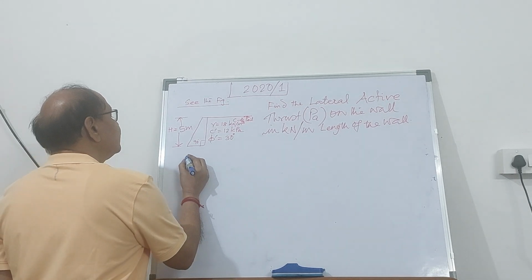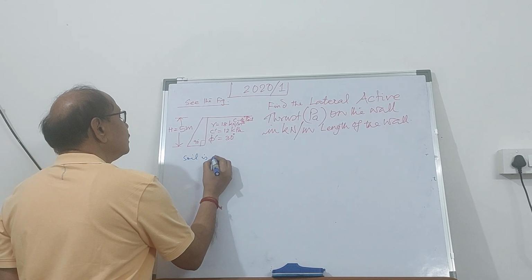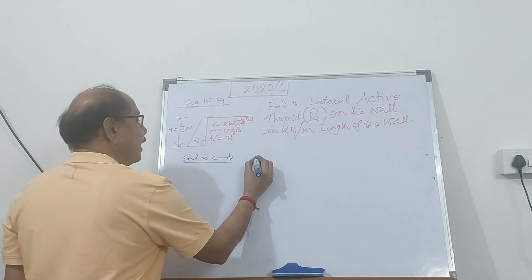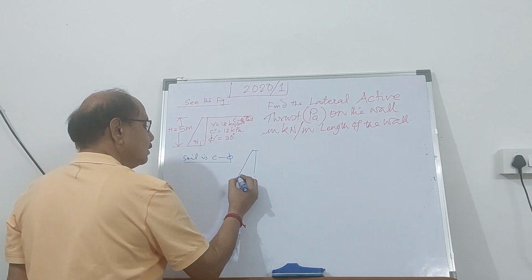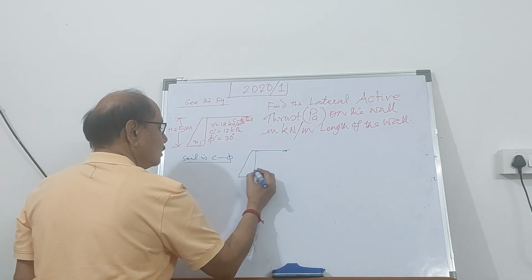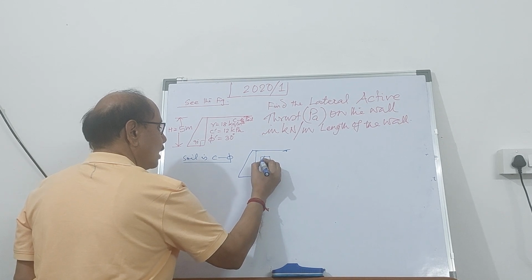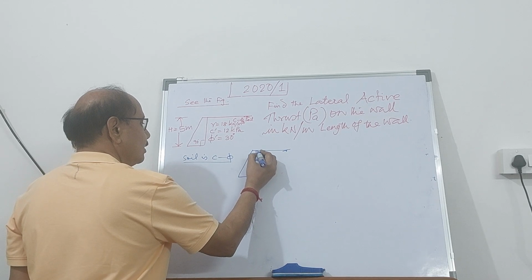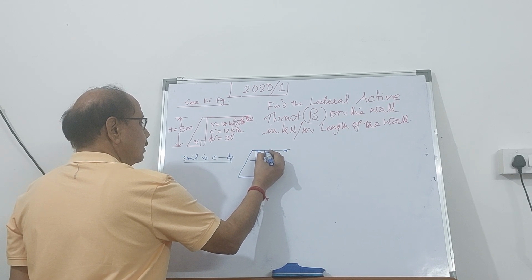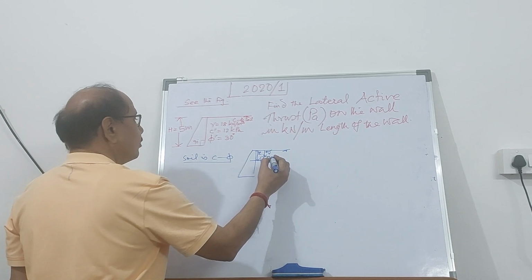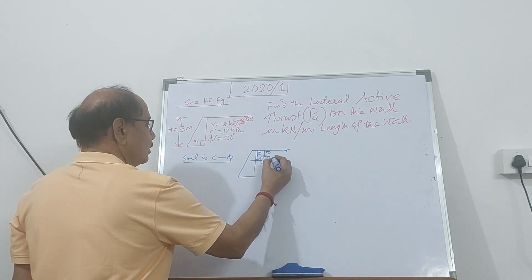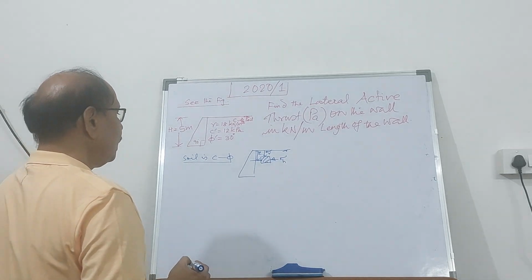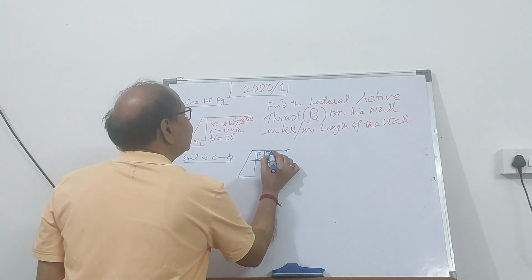So the soil is C-φ. Therefore, if I take any soil element at any depth, say Z, with sigma V and sigma H. Now, vertical is always more.